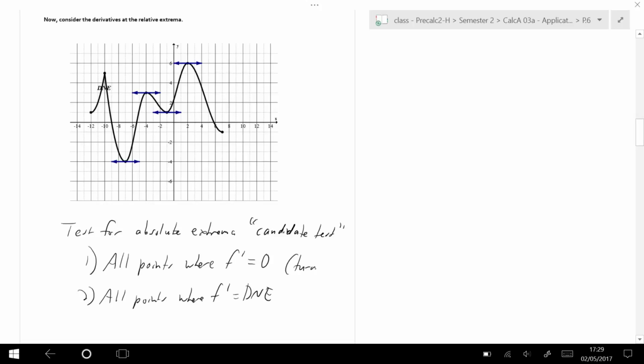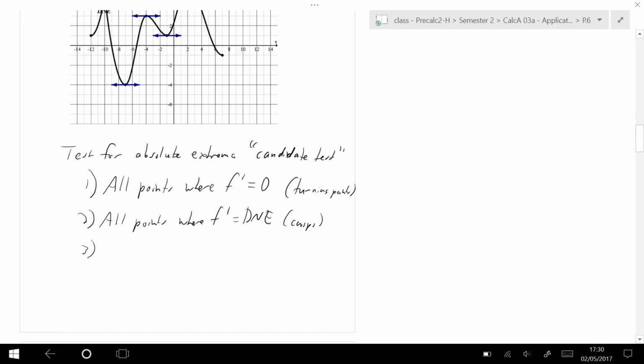So in parentheses, this is turning points. The next one are cusps. And finally, we want to check the endpoints, because we can describe a derivative at the endpoints, but they could potentially be the absolute maxes or mins, just depending on how the graph is drawn.